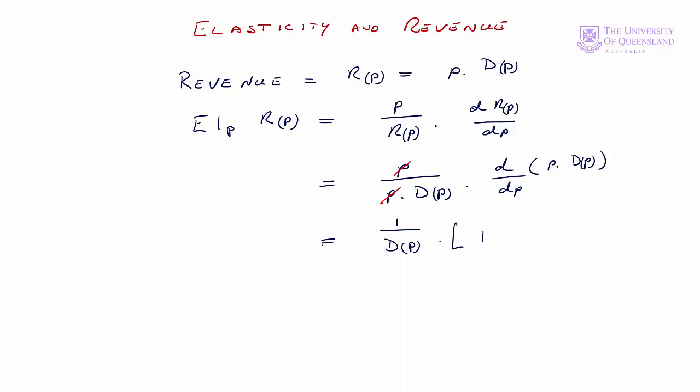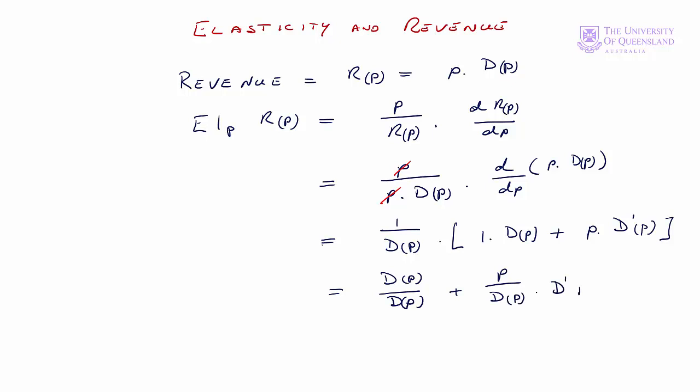It'll be 1 times quantity demanded plus P times D prime P. We can expand that, so we'll have D(P) on D(P) plus P on D(P) times D prime P. First term there is just 1. The second term is the elasticity of demand. So we've derived the formula for the relationship between the elasticity of revenue and the elasticity of demand.